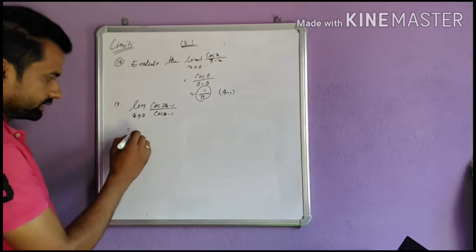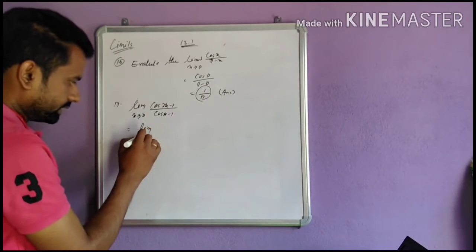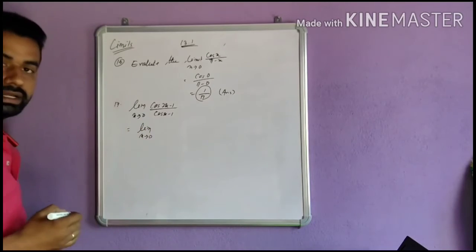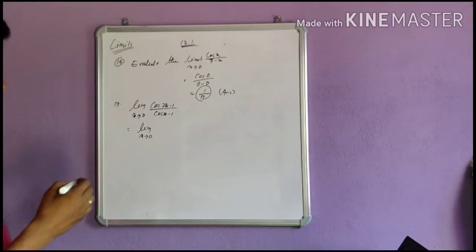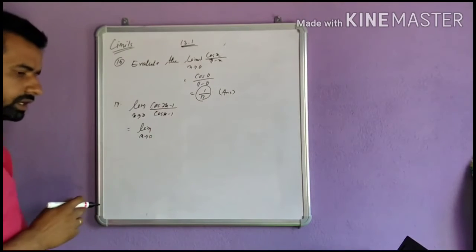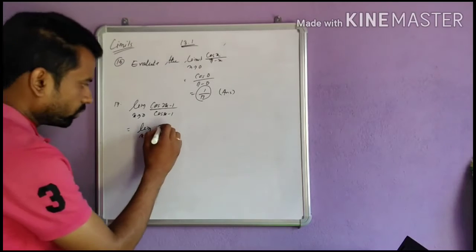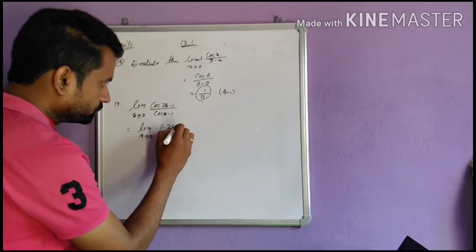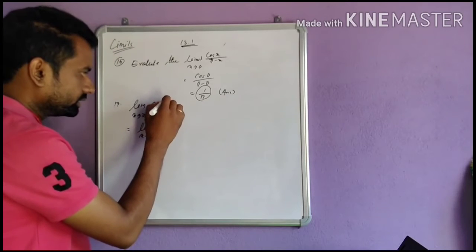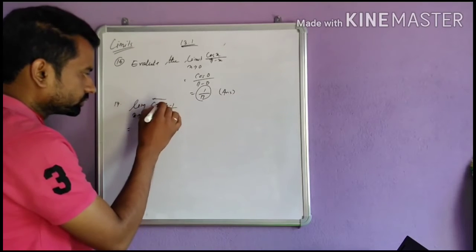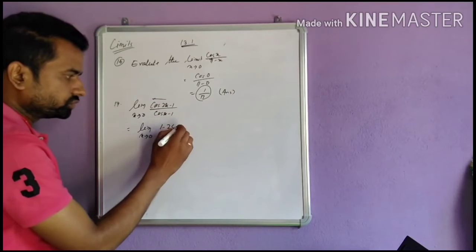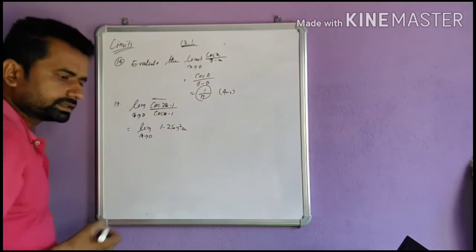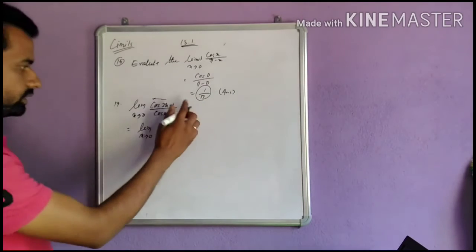Limit x tends to 0. In place of cos 2x minus 1, you should write 1 minus 2 sin square x, then minus 1.